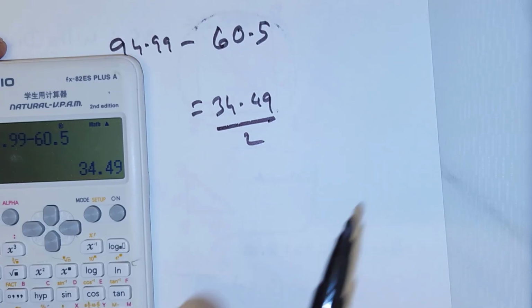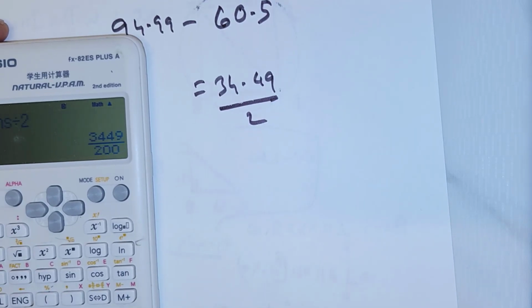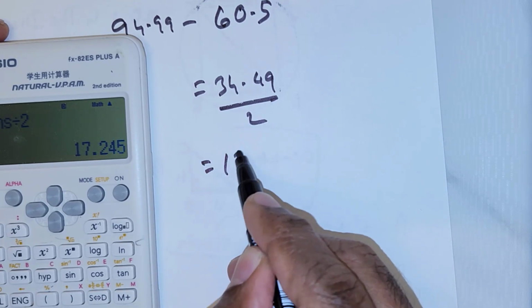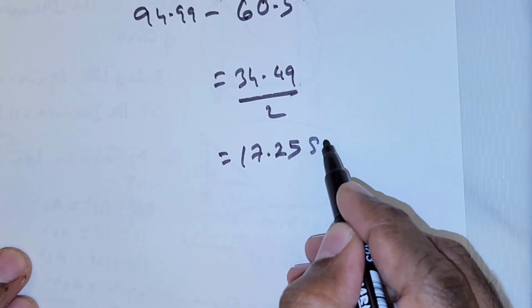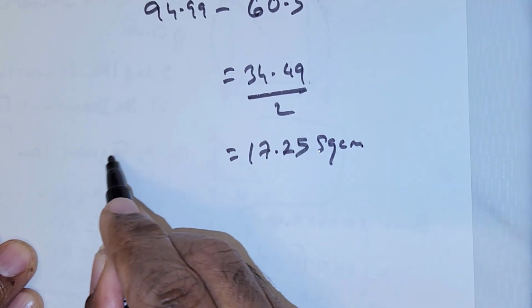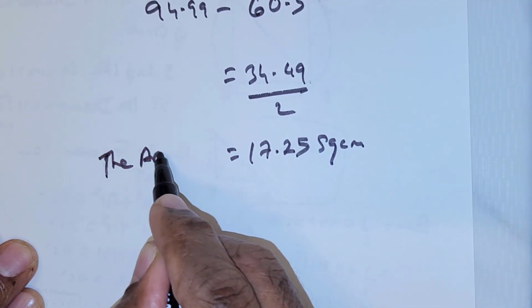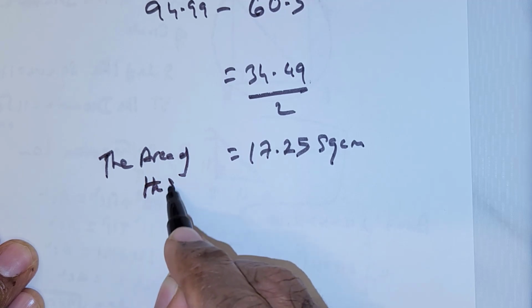And then you divide this by 2. So what is that? It's 17.25 square cm. Right, so this is the area of the shaded region.